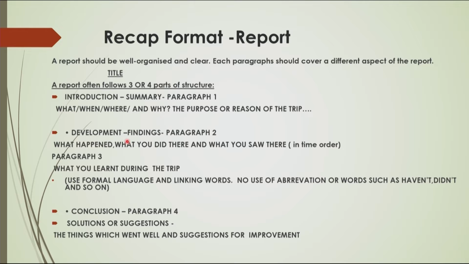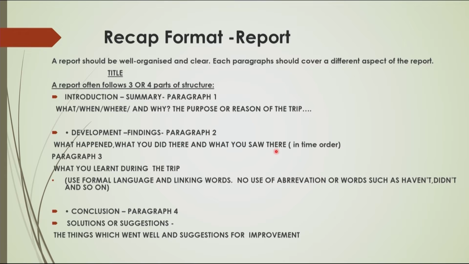And moving on to the second paragraph, where you should give details about the trip itself. We have the questions which say what happened, what you did there, and what you saw there. This has to be written in time order again. Your writing should not be narrative or like writing a story.